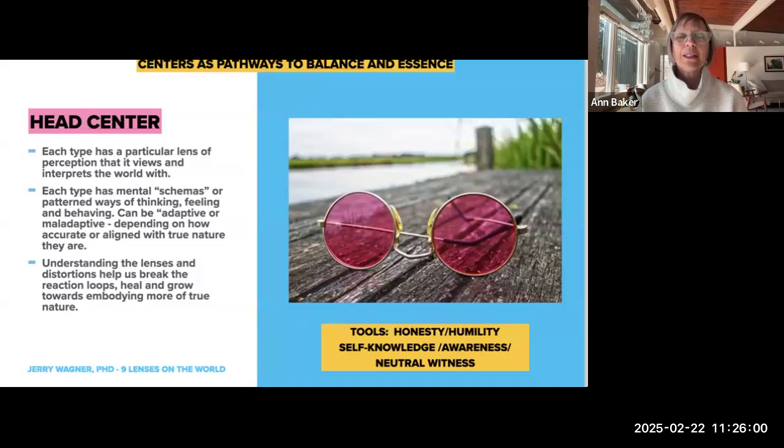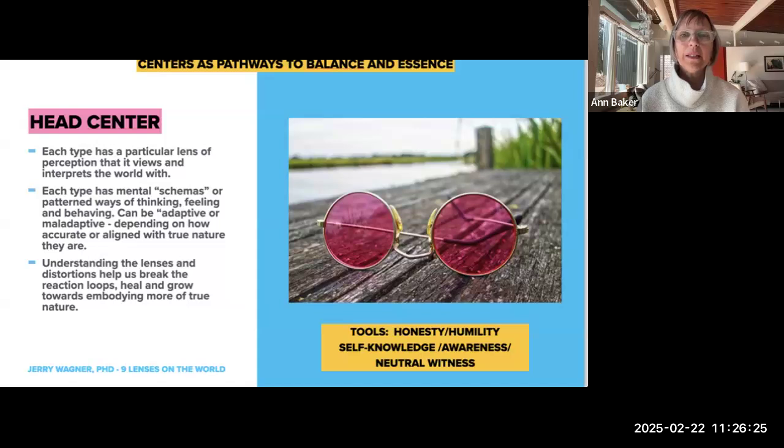I know that sounds a little removed, but you can use mindfulness practices and become aware of your breath. You can become aware of your thoughts. You can slow down and really become aware of your feelings. And you get the sense of this neutral witness that's just kind of watching everything.